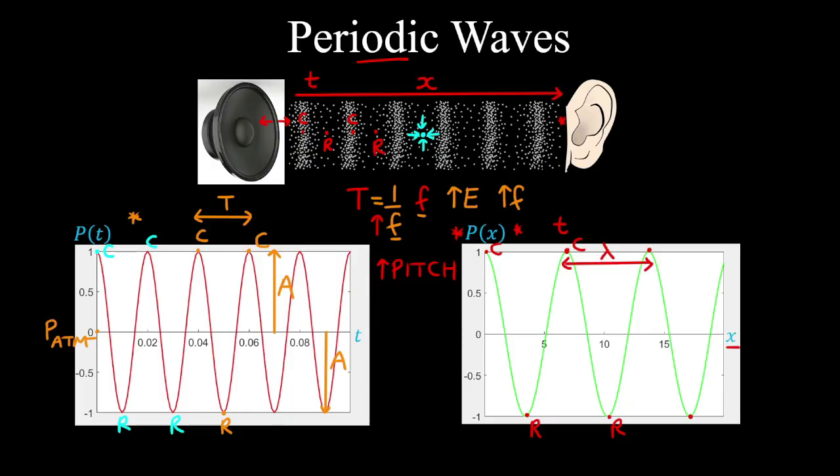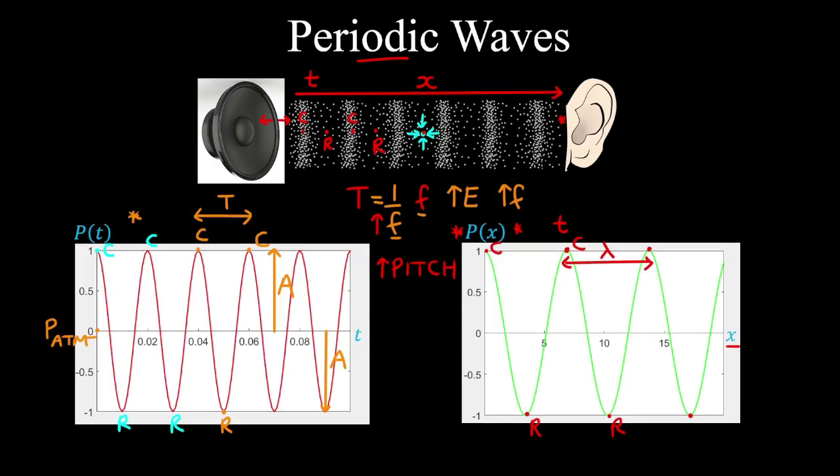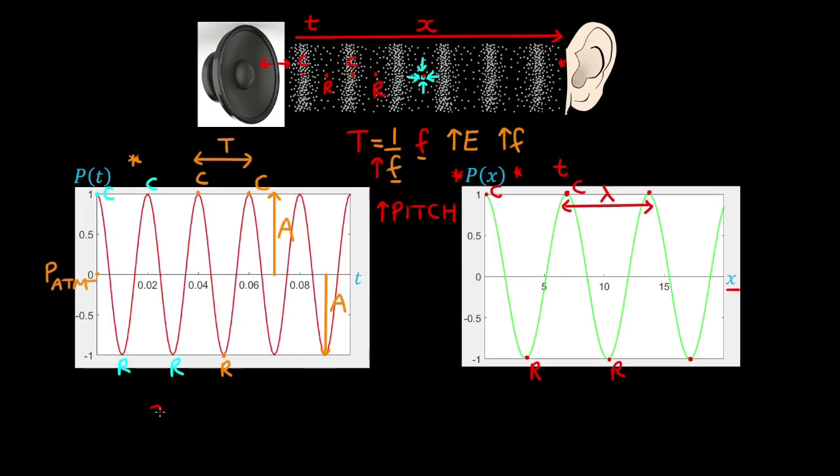Now a sinusoidal wave can be described by similar equations to a harmonic oscillator. So for example, we may measure the displacement from equilibrium or the pressure at a specific location in the medium as a function of time, and that could be represented by a sinusoidal wave.